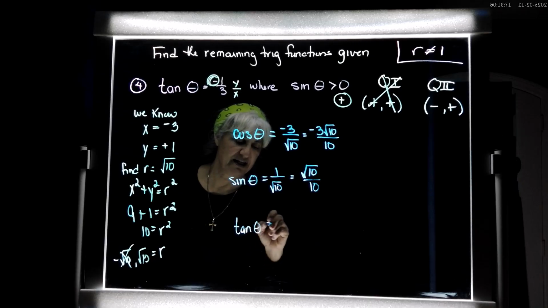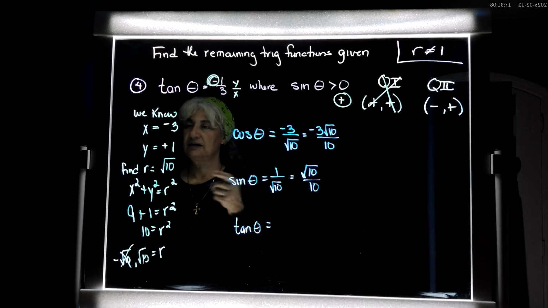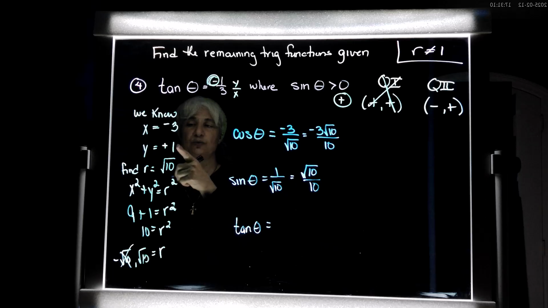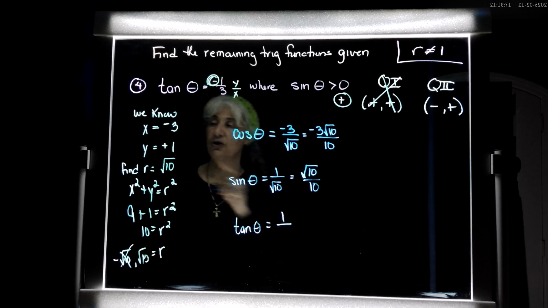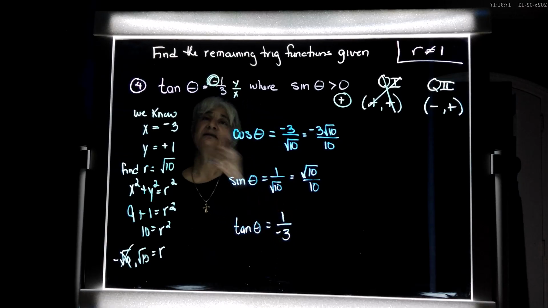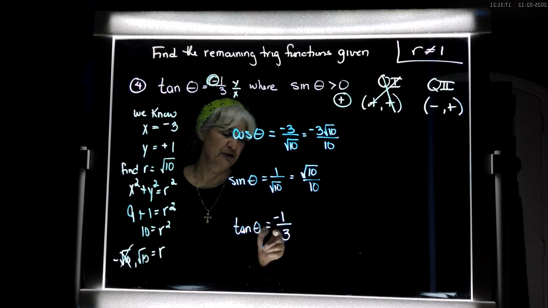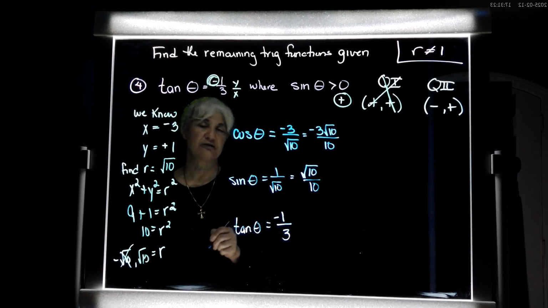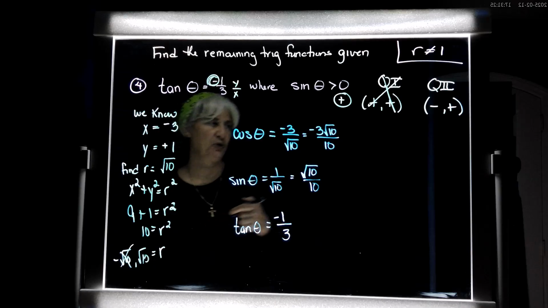Tangent of theta. Let's see. Tangent is y over x. Which is what we have, negative 1/3, isn't it? I can put the negative up on the numerator. Let's get rid of it from the denominator. Good? Cool.